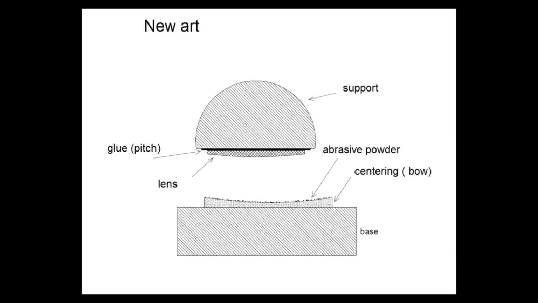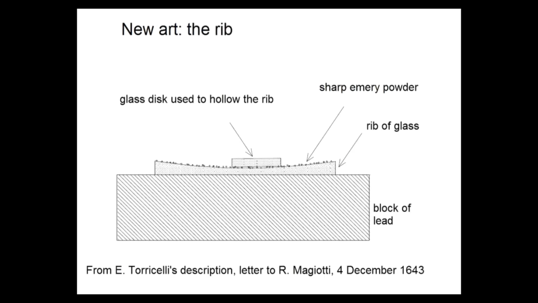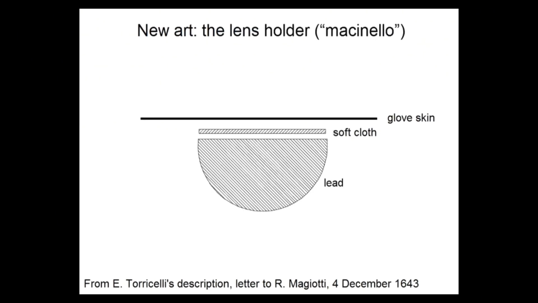How they achieve to actually make this curvature is unknown. This is another method using a support for the lens. Different abrasives are used, starting from the largest abrasive to the smallest emery powder. And this process actually generates the curvature of the lens.